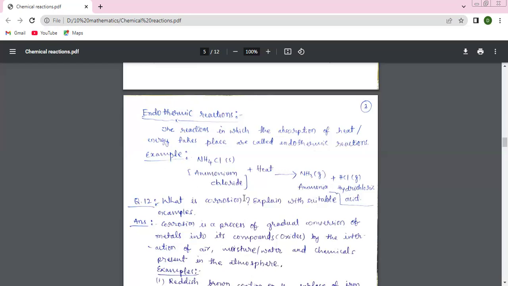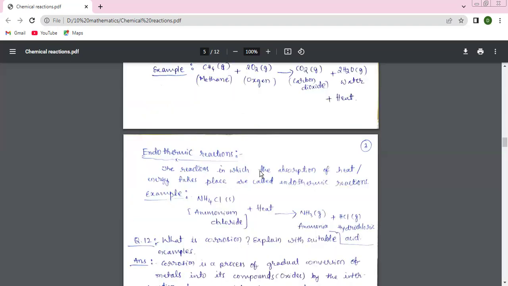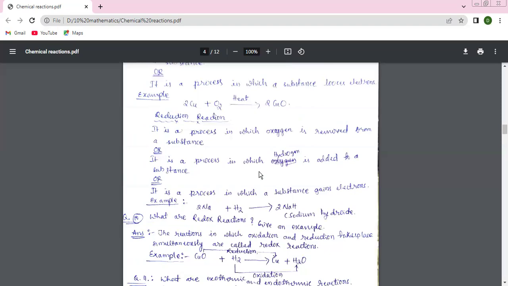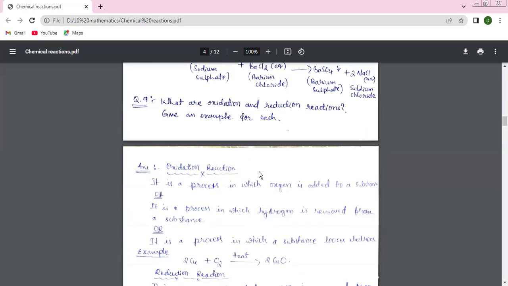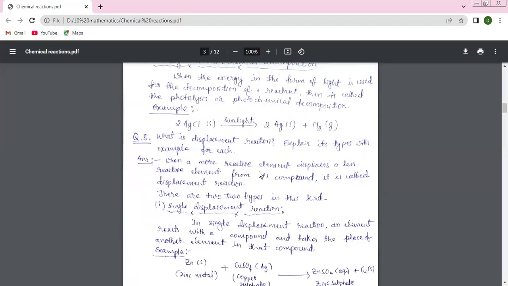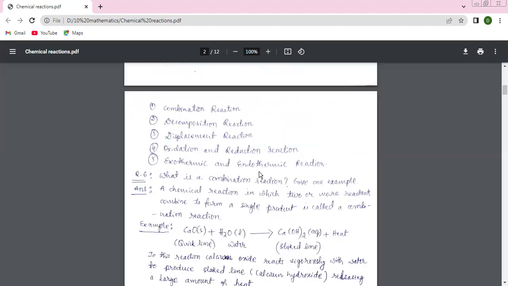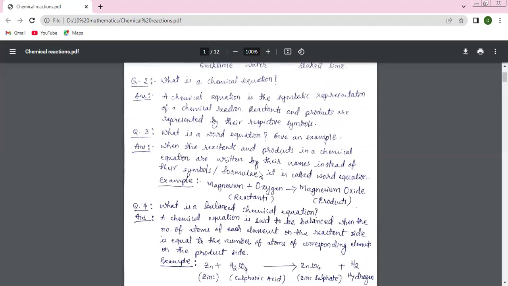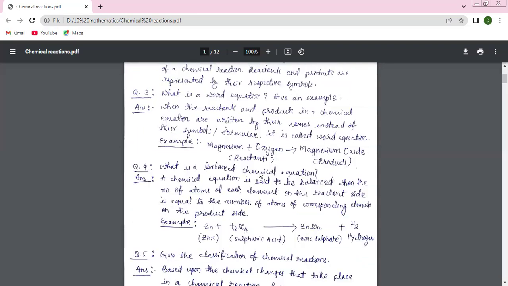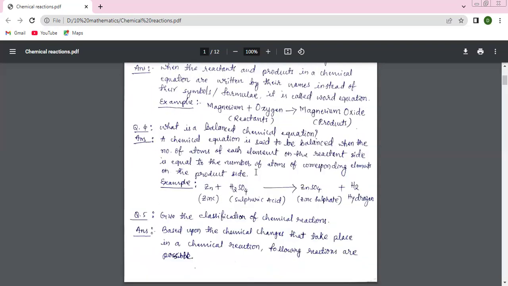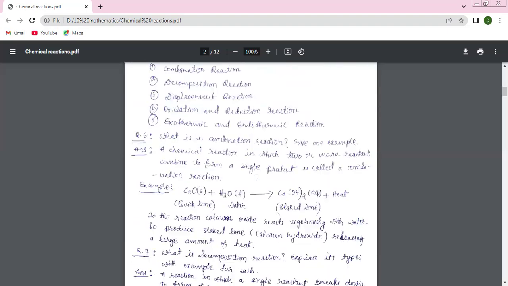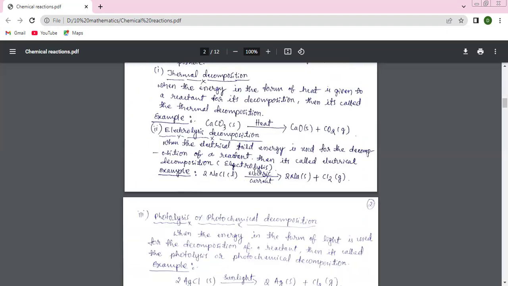So to this extent, we have seen what is the meaning of a chemical reaction, what is a balanced chemical reaction, and what are the types of chemical reactions, with their examples.